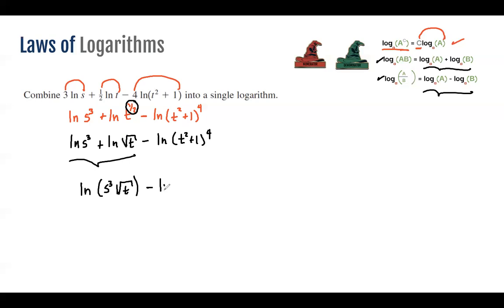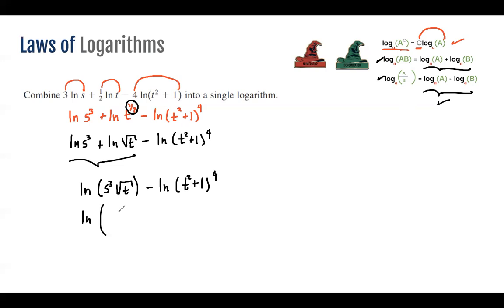And we can leave this one as a second step, or you can do it all together. But now on this step, the 3rd law is a bit more evident, because we have a difference of 2 logarithms, and that means that the one with the minus will end up inside of the logarithm, but the argument will be dividing what I already have in there.